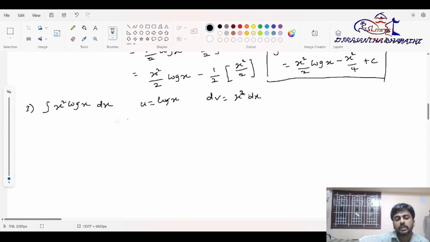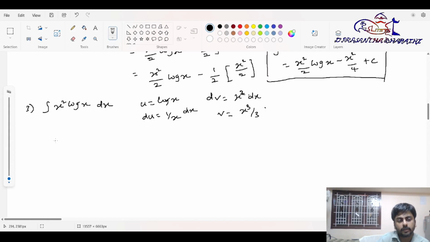Please be very conscious. Du equal to 1 by x dx, v equal to integration of x square, that is x cube by 3.